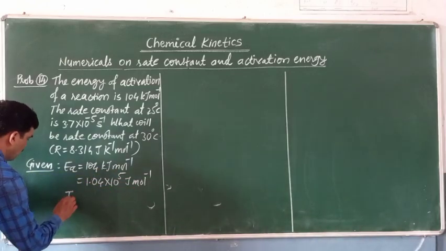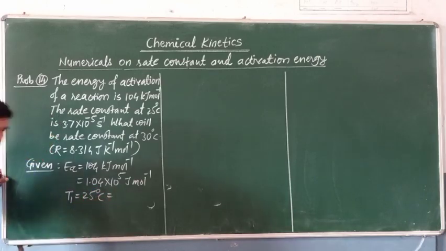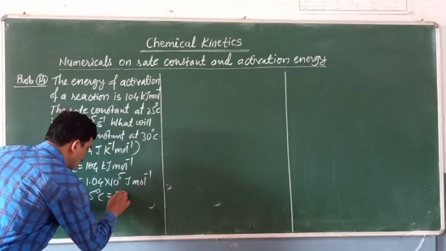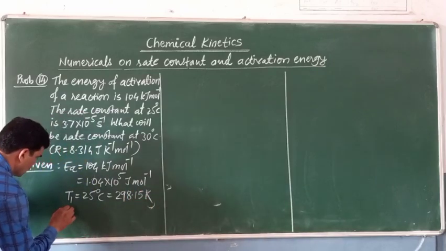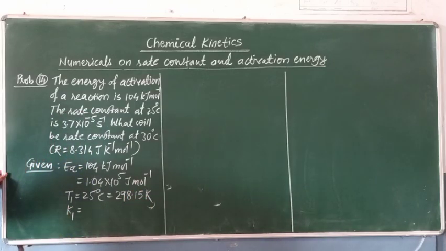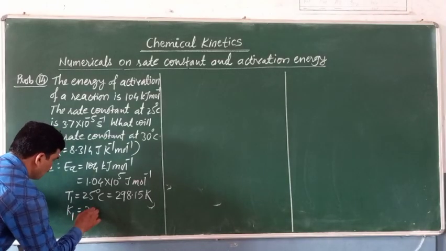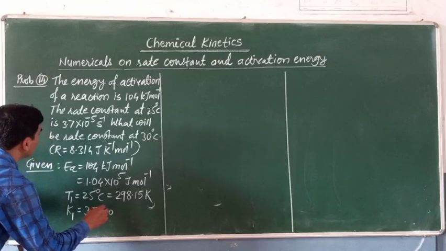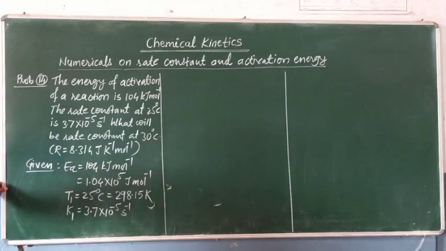Then T1 is 25 degrees Celsius, which means 298.15 Kelvin. And at this temperature, the rate constant K1 is 3.7 into 10 raised to power -5 per second.